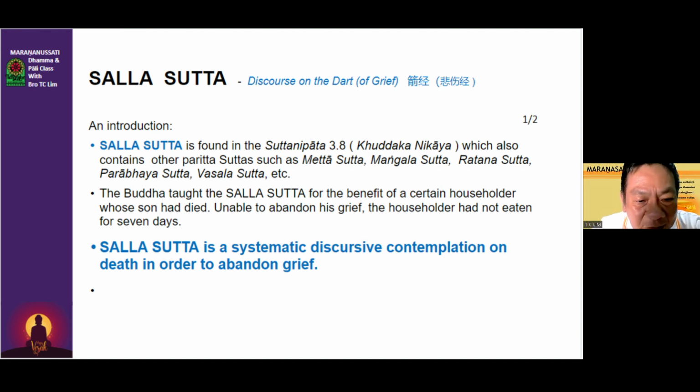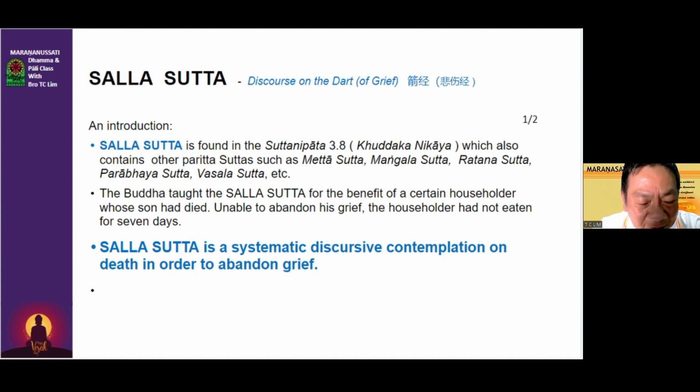All right. So Salla Sutta is a systematic discursive contemplation on death in order to abandon grief. So this is a very fantastic sutta that is very relevant and suitable as a topic to be discussed during the wake, to those who are grieving, especially if you have read the Uraga Jataka story, the Bodhisattva's past life, they do not grieve.